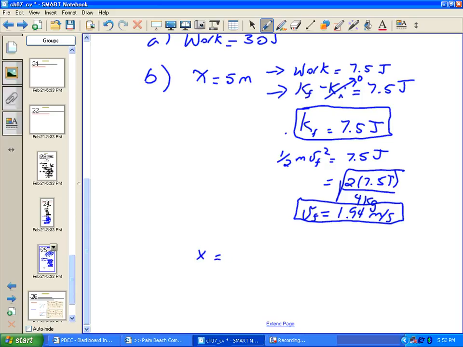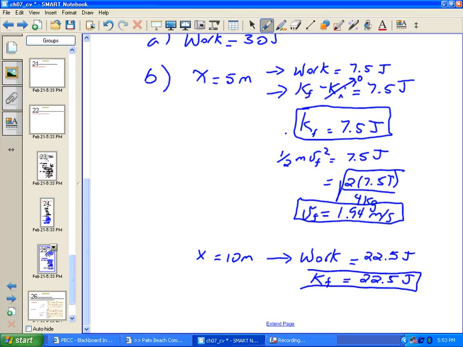How about when it arrives at 10 meters? Well, here the work will be the sum of the two areas, not just one, because now we have 7.5 plus 15, which gives us 22.5 joules. Here again, no initial kinetic energy, so K final equals 22.5 joules.